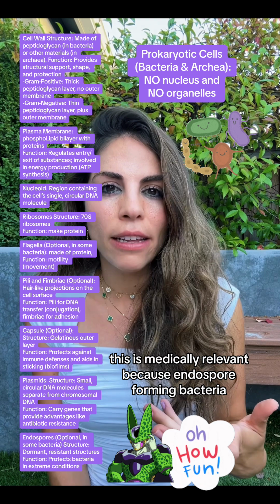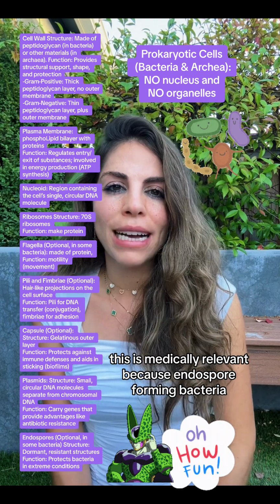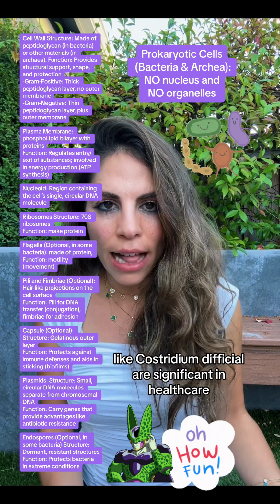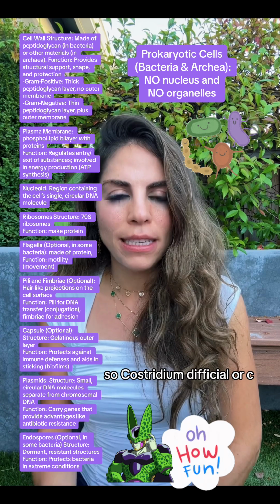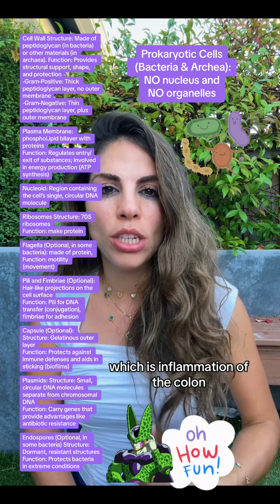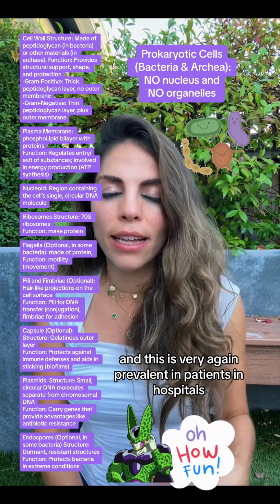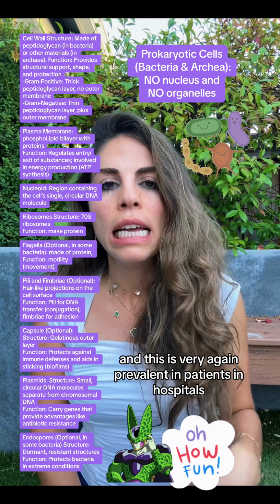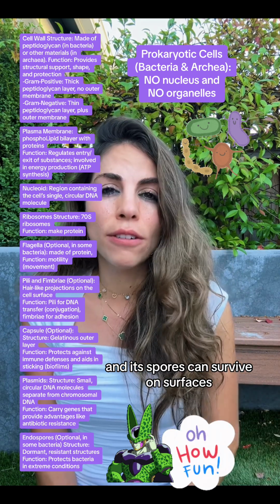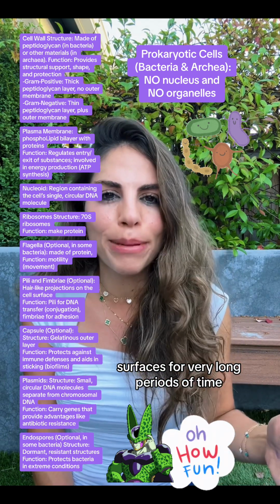This is medically relevant because endospore-forming bacteria like Clostridium difficile are significant in healthcare. C. difficile causes severe colitis, which is inflammation of the colon, and this is very prevalent in patients in hospitals, and its spores can survive on surfaces for very long periods of time.